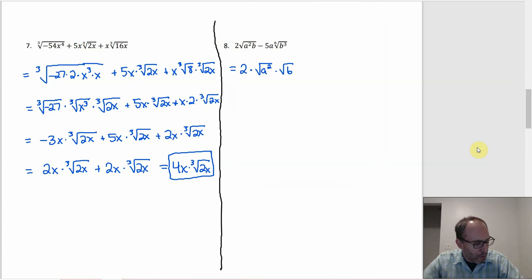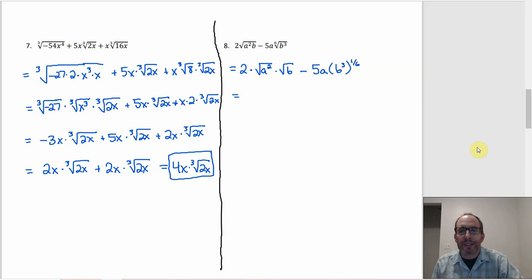And then watch this. This actually might be hard to see with it in radical notation. So that 6th root of b cubed, I'm going to write that with exponential notation. I think that makes what's happening here a little easier. So you'd have 5a times b cubed raised to the power of 1/6. And remember that law of exponents, where you have a power to another power, you can multiply them together.